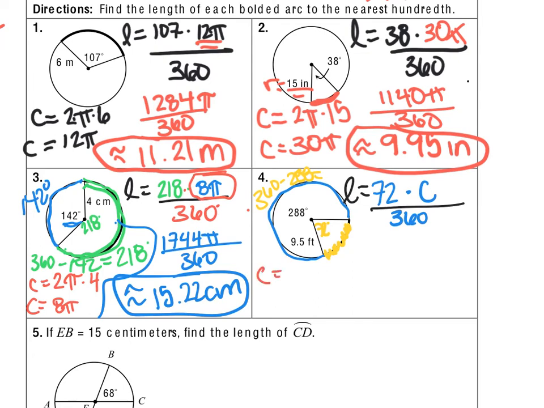So C equals 2 pi times r, which is 9.5. And so my circumference is 2 times 9.5, which is 19. So 19 pi would go here. And that's what C is equal to. So in my formula, I'm going to have 72 times the circumference, which in this case is 19 pi.